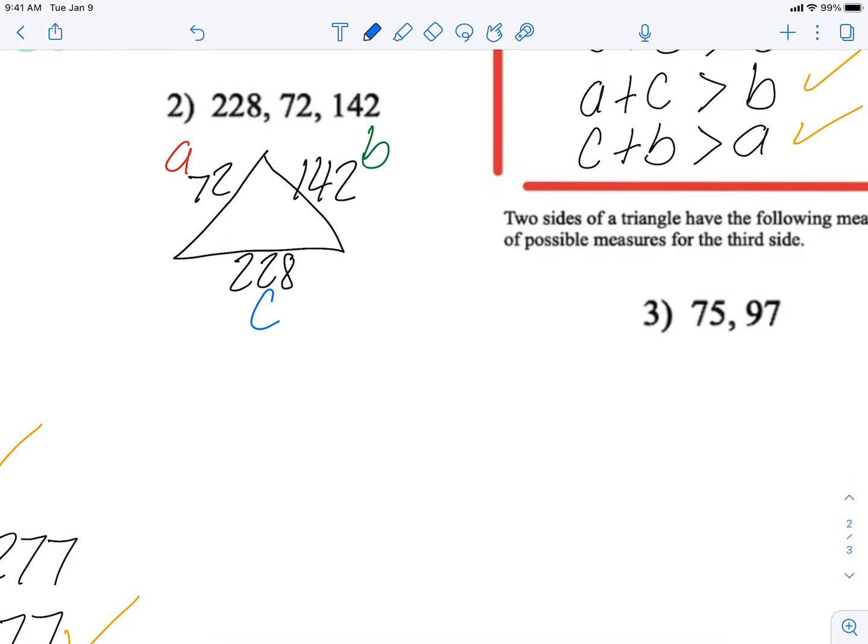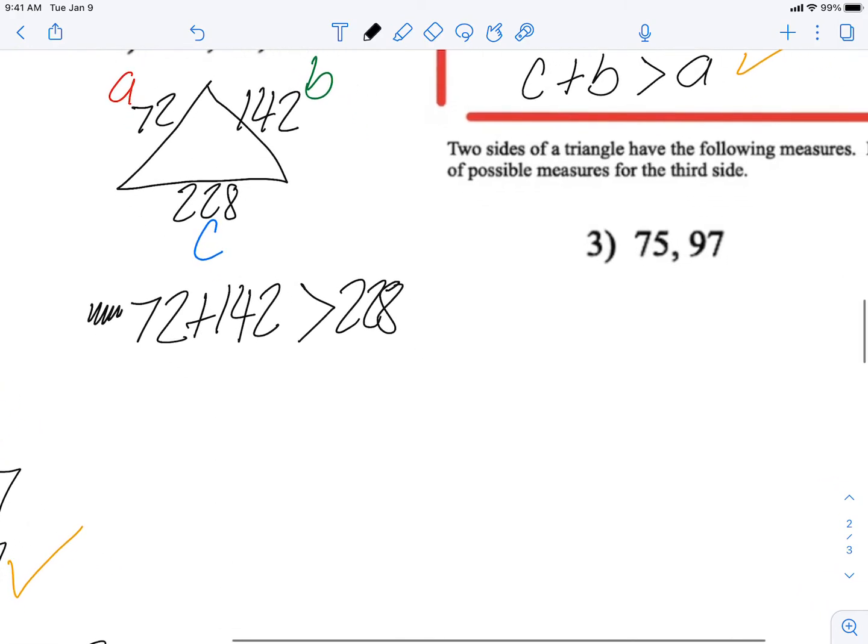72. Go back to black. Okay, so check number 1. A plus B, 72 plus 142, is greater than 228? Okay? 72 plus 142 is equal to 214.